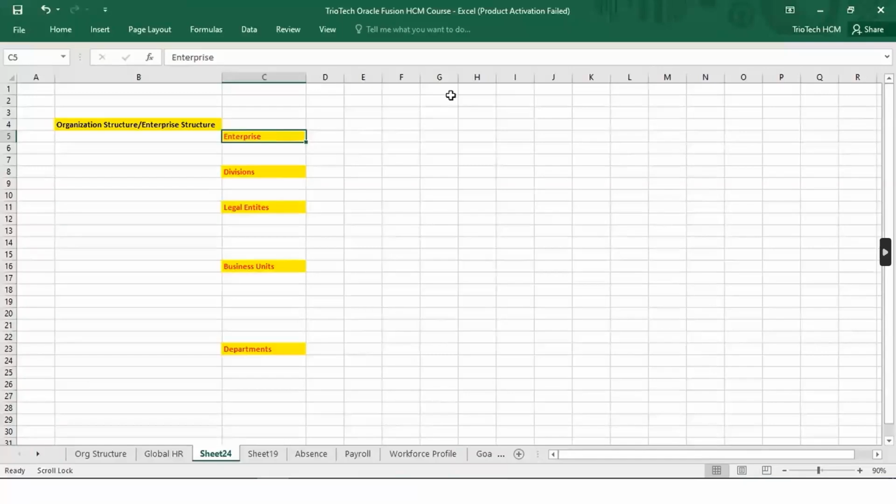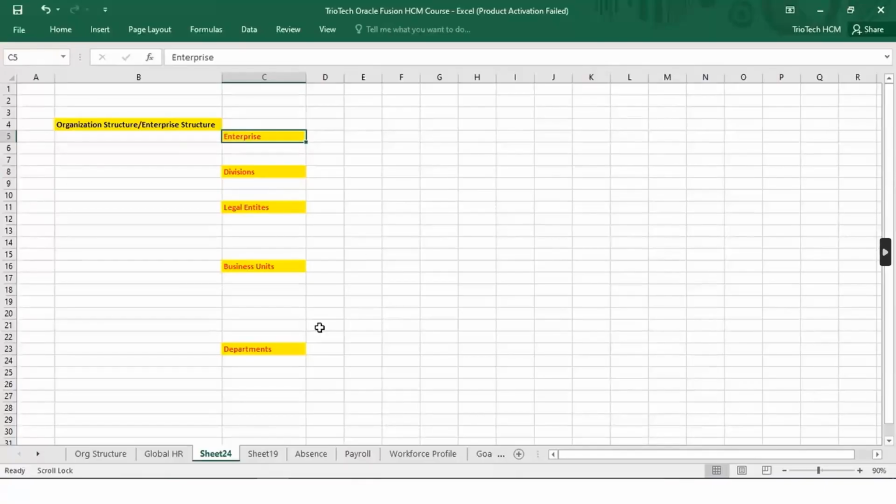Top level assumed entity in your client organization, or you can call it the ultimate mother holding group of your client. How will you identify the enterprise in the Fusion application to configure? An ultimate mother holding group of your client organization.